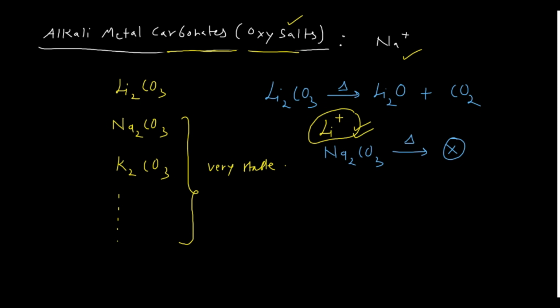Oxygen is a small anion, so the oxide is more stable than the carbonate. That's why it facilitates this kind of decomposition. Whatever gain in lattice energy happens due to the substitution of the oxide ion for the carbonate ion enables the decomposition.